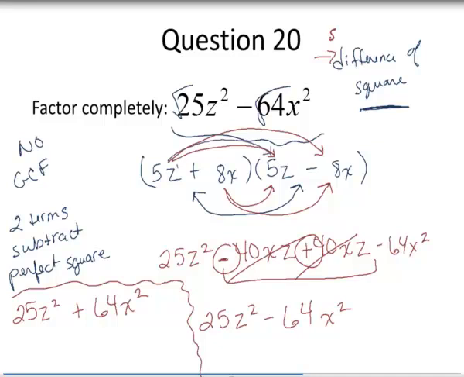Since this is not the difference but the sum of squares, I could go through a whole bunch of games with you to figure out what the factors are. Turns out that this can't be factored. This is prime. There are no binomial factors that will allow you to multiply them back and lose the middle terms and still have a plus sign in the middle.